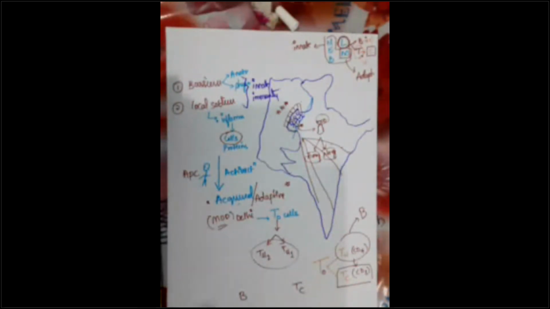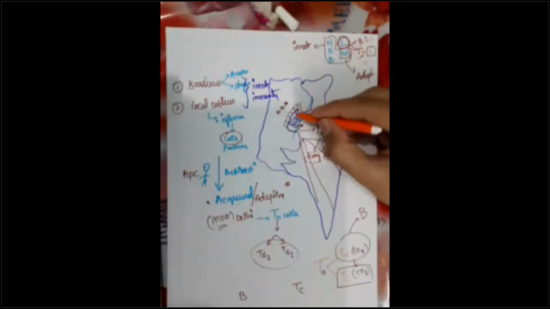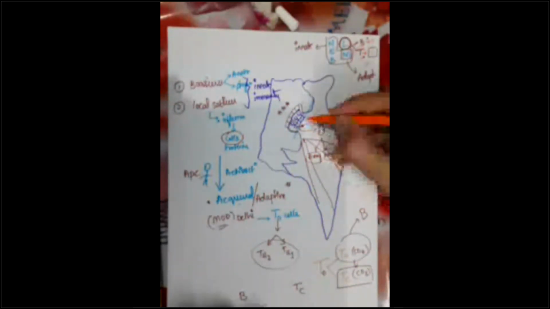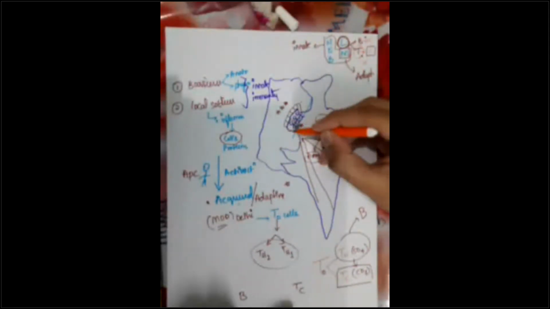Now, let me come a little from before. This pathogen has entered because your barriers failed, your local immunity failed, the cells and proteins failed, local inflammation failed. It has entered inside. So one of the presenting cells will present it to your Ministry of Defense, that is your T0 cell.